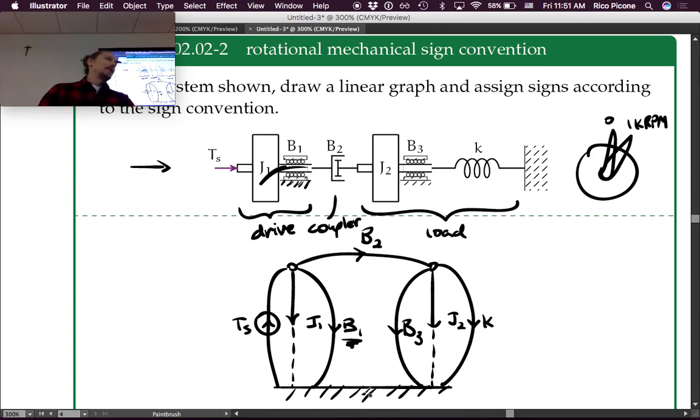Just like if there were two resistors versus one resistor, it'd have an effect on the value of that resistance. But it has the same effect on the system. So we can just treat it as a single one. It simplifies the linear graph. It simplifies our analysis to do it that way, although we don't have any loss of generality in terms of the dynamics. It's the same. Okay? All right.